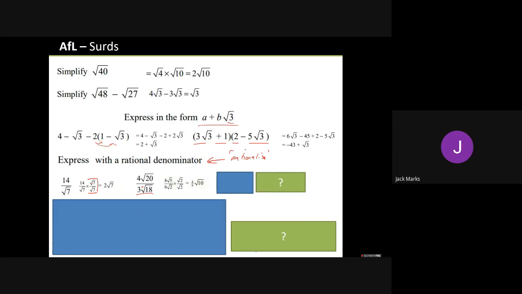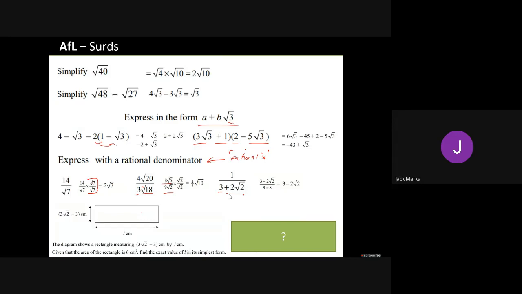You can actually just multiply it by root 18. Or you can do what they've done here, which is they've actually simplified before. So often you can do these kinds of questions in different orders. So keep, change the sign, and keep.